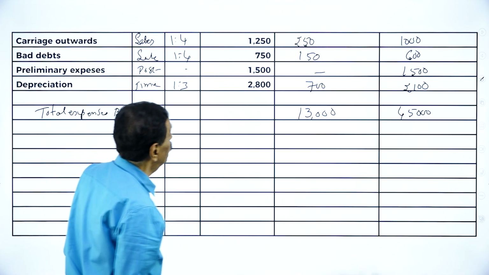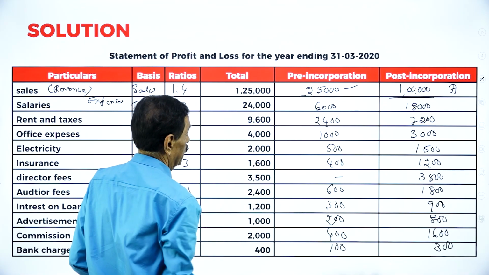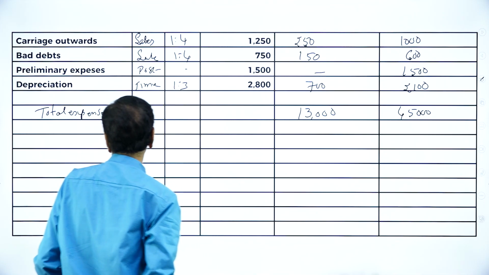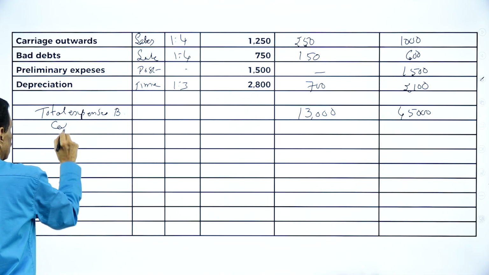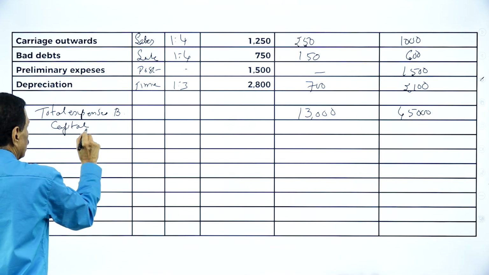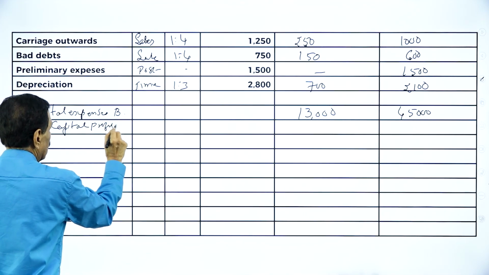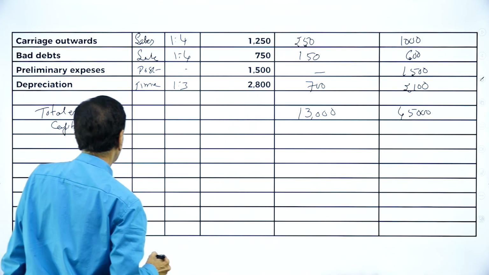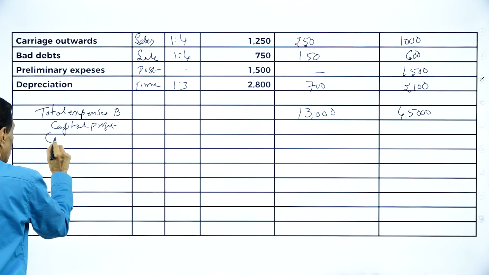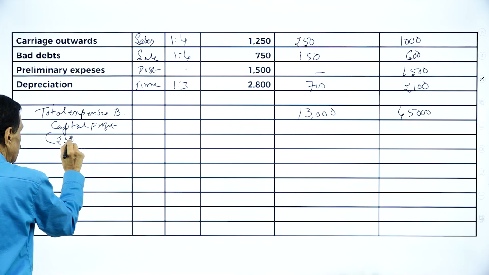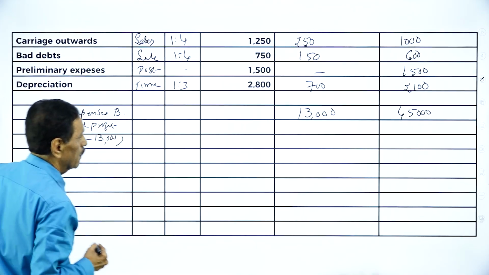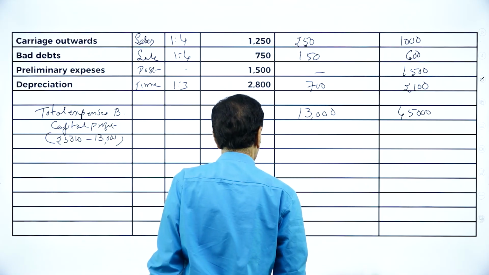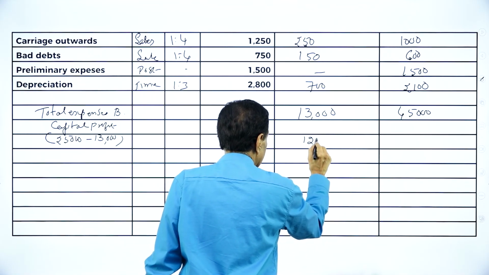What's your total revenue? 25,000. So capital profit here is 25,000 minus 13,000, so it works out to 12,000.